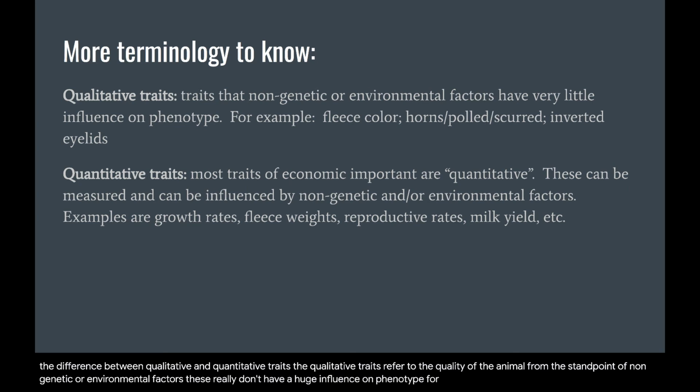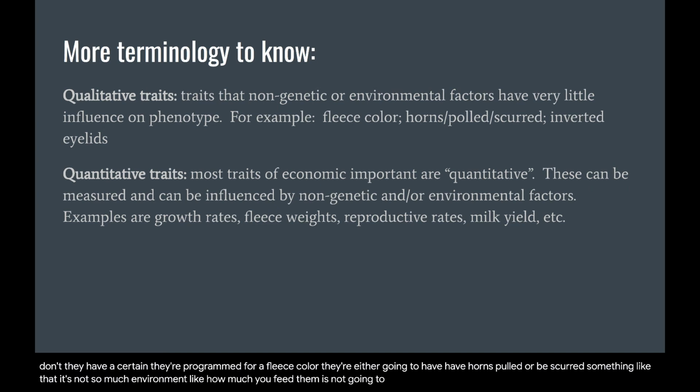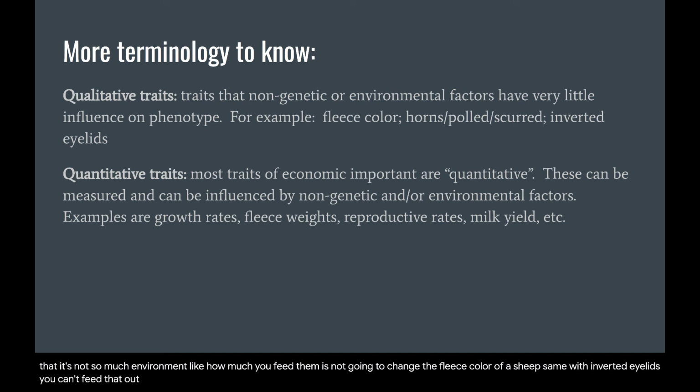For example, they either have inverted eyelids or they don't. They're programmed for a fleece color. They're either going to have horns, be polled, or be scurred. Something like that. It's not so much environment; how much you feed them is not going to change the fleece color of a sheep. Same with inverted eyelids. You can't feed that out of them.